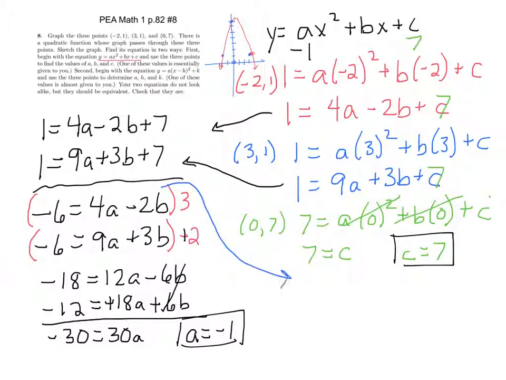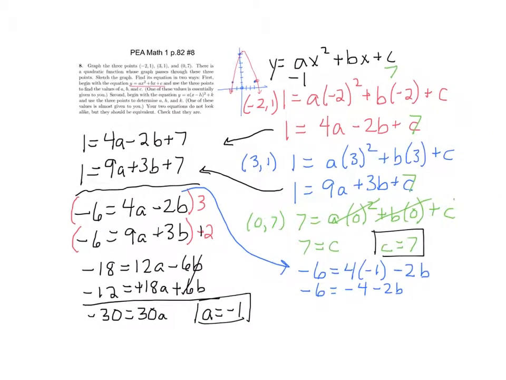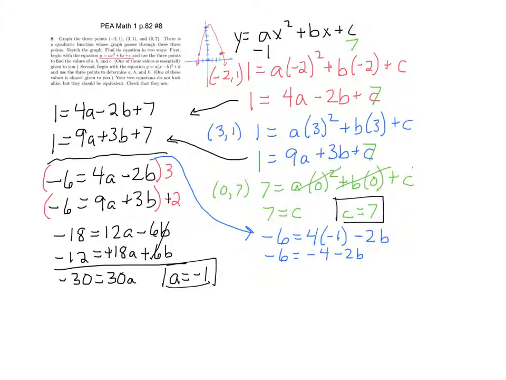So I get -6 = 4(-1) - 2b. -6 = -4 - 2b. So then I get plus 4.